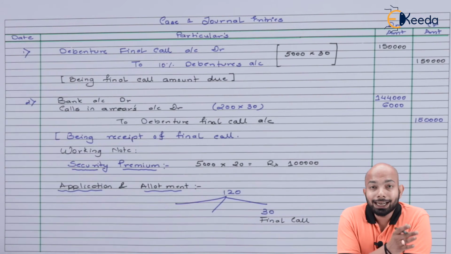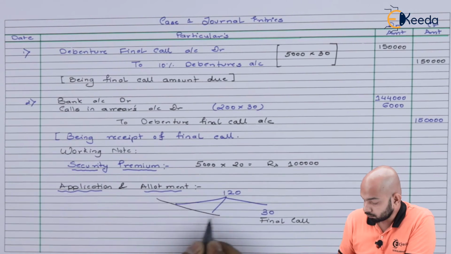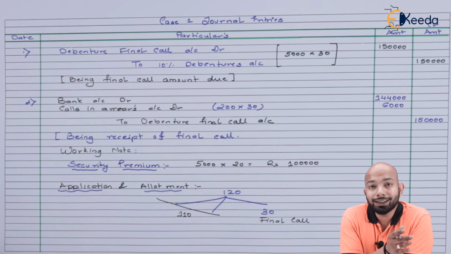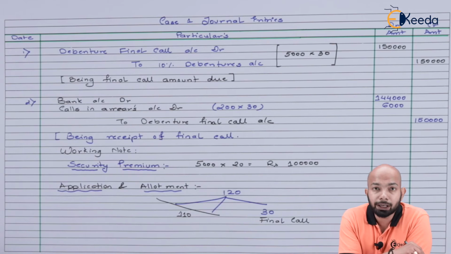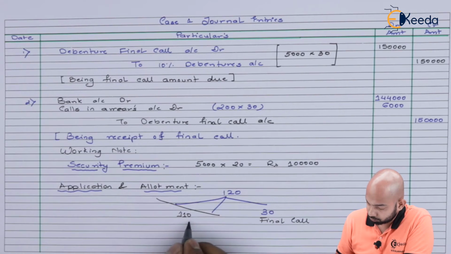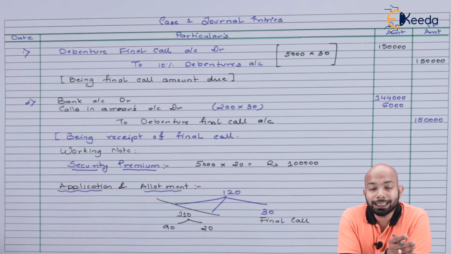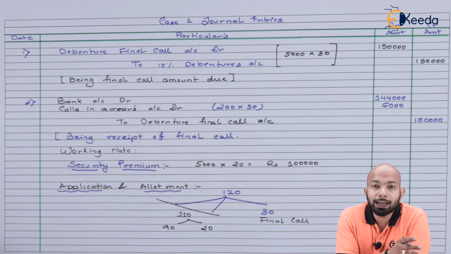Now, the balance that is left is 120 minus 30, that is 110. Out of this 110, a total of 20 rupees goes to securities premium. So the balance that is left is 90 rupees. That means the total of application and allotment balance will be 5,000 multiplied by 90 here.